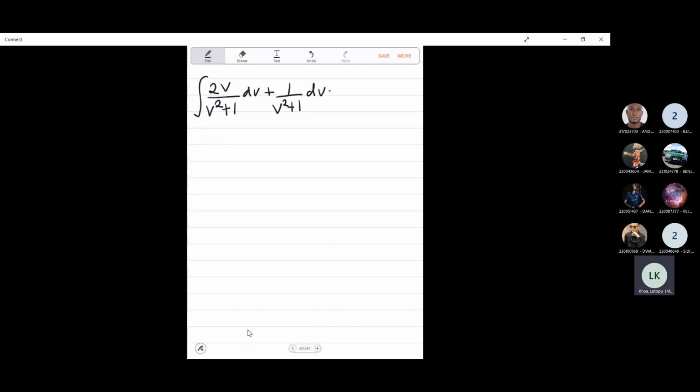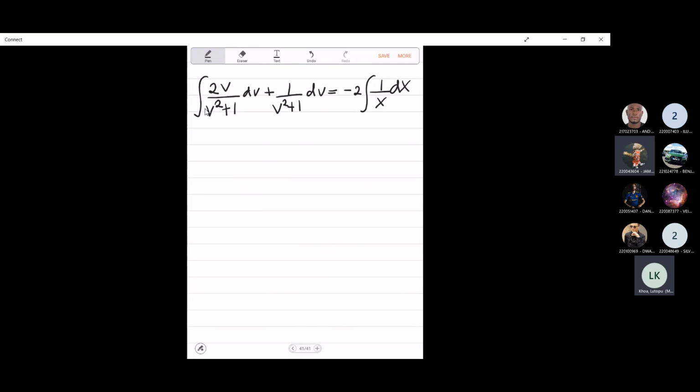So that is our left-hand side, and then on the other side, we have 1 over x dx.